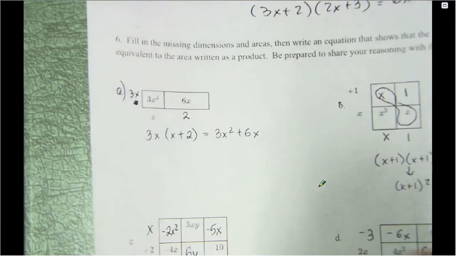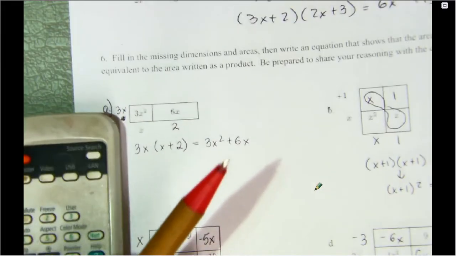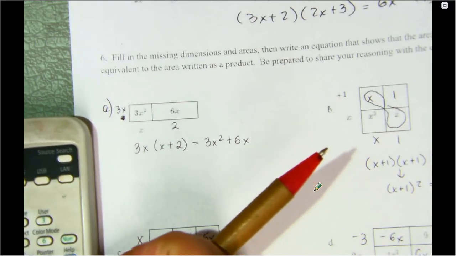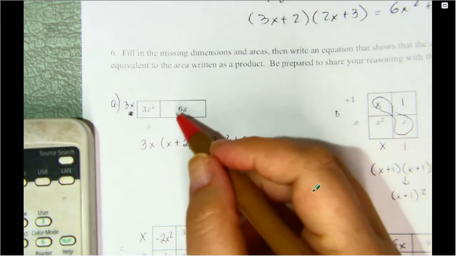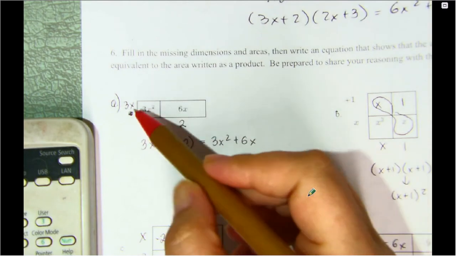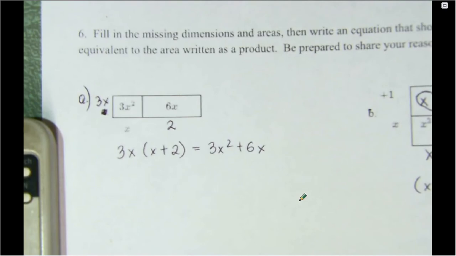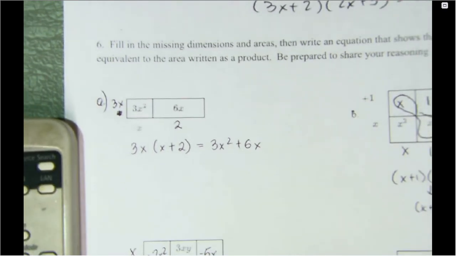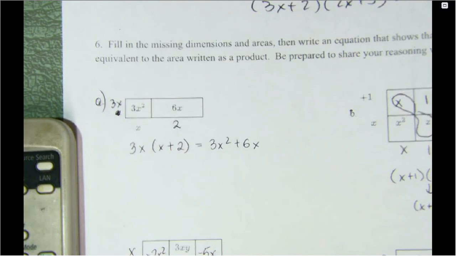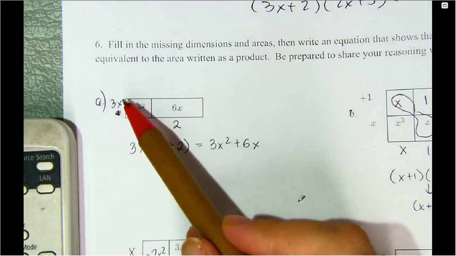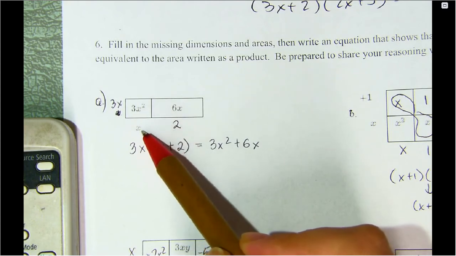Okay, so a little bit more. In this one, guys, they only give us the inside of the rectangles and some of the information outside. So our job is to figure out the rest. Okay, they tell me that inside the area is 3x squared, and they said one of the sides is x.